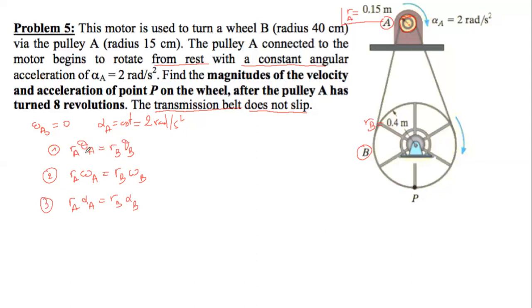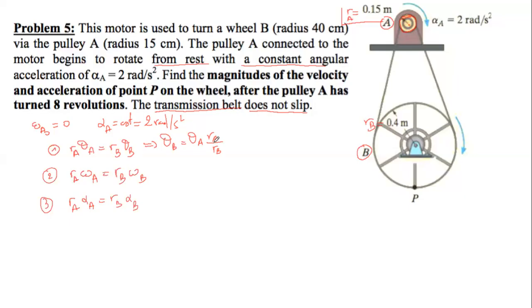Theta is the angular displacement, so there is a link between the angular displacement for A and for B. If I want theta B, it will be theta A times RA divided by RB. We all agree with that, okay? Great. If they had the same radius, the angular displacement for both the wheel and the pulley would be the same.